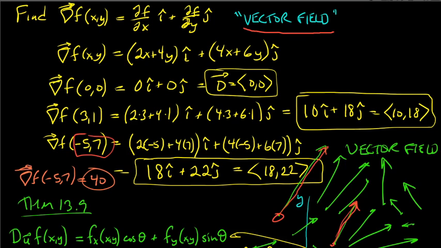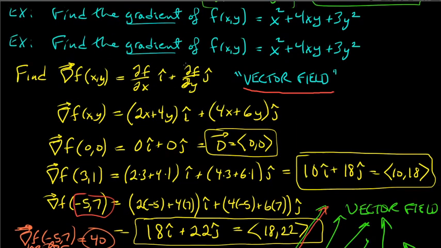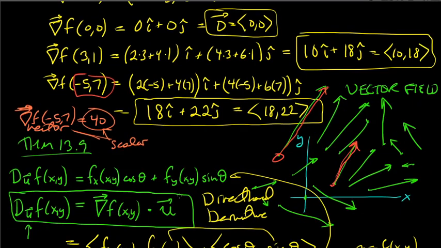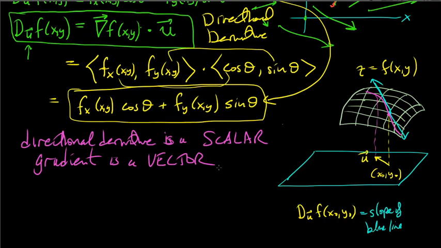The gradient is a vector. There's a little arrow over it. 40 is not a vector. It's a scalar. So you cannot have a vector equaling a scalar. Please don't make that mistake. Gradients are always vectors. Directional derivatives are always scalars.